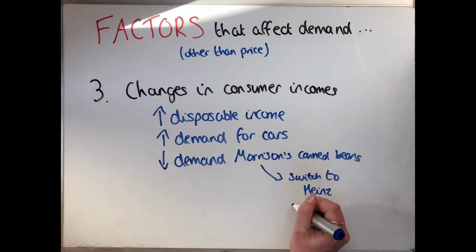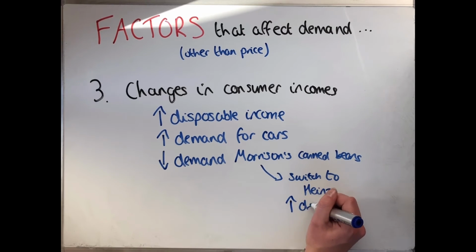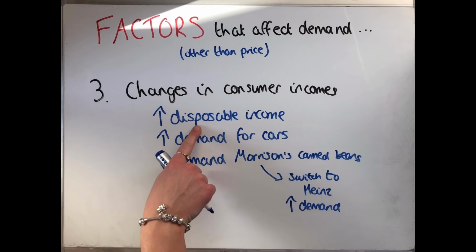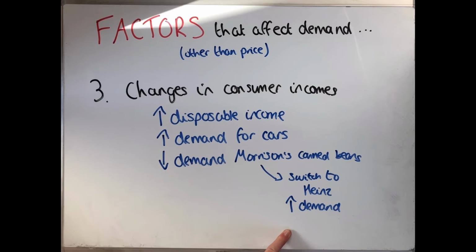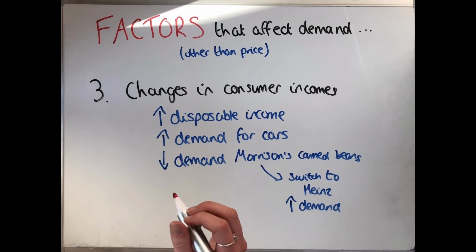So the demand for Heinz beans is going to increase. And that's because customers have more money to spend, so they're going to spend more of their disposable income on branded food instead of supermarket own label food. So when we're talking about consumer income, the change in demand depends on the product.